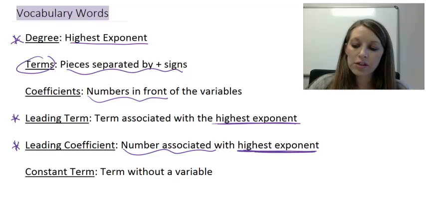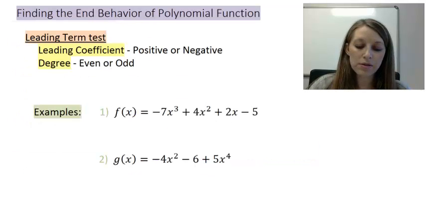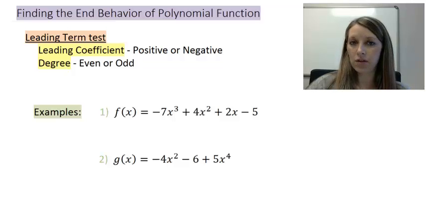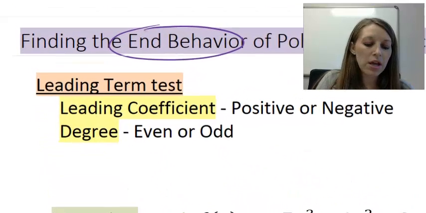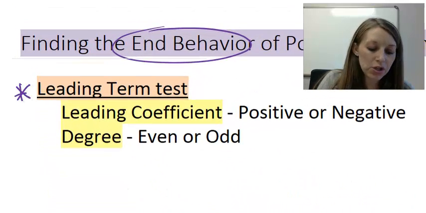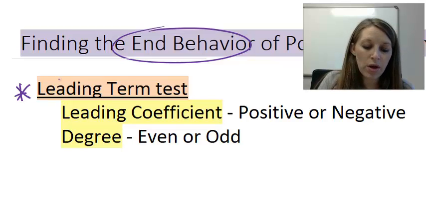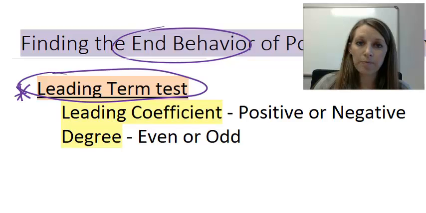So our first step in graphing polynomials is to figure out what the end behavior looks like, meaning what's happening on the very left end of this graph and what's happening on the very right end of the graph. The way that we find the end behavior is by using the leading term test. So that's one of those vocabulary words. We need to be able to pick out the leading term.